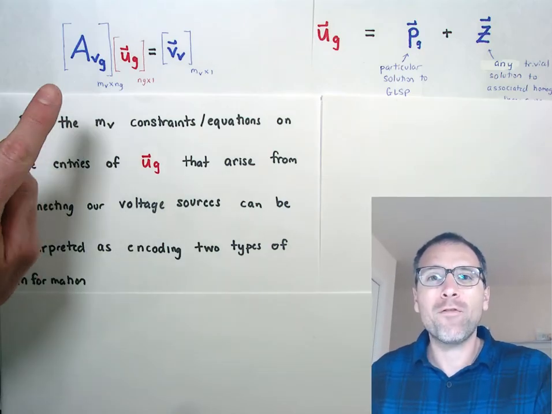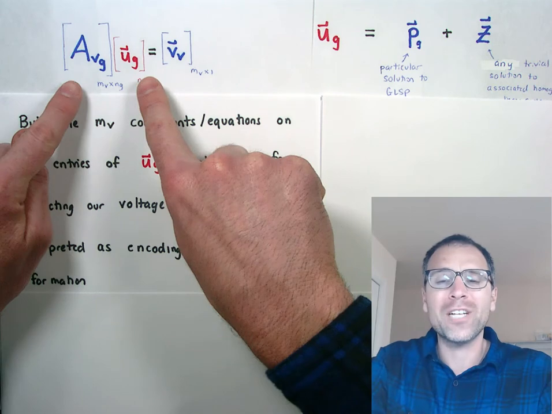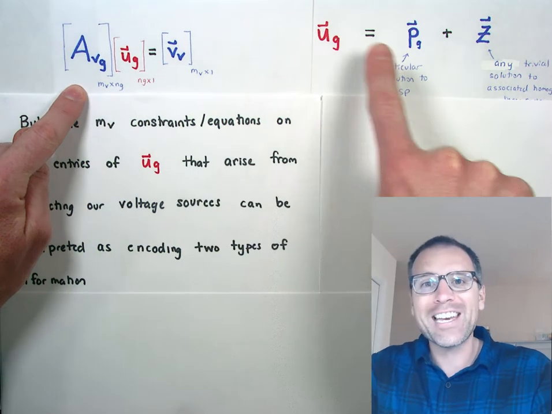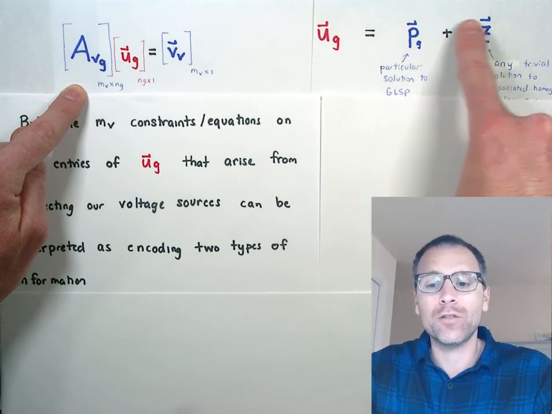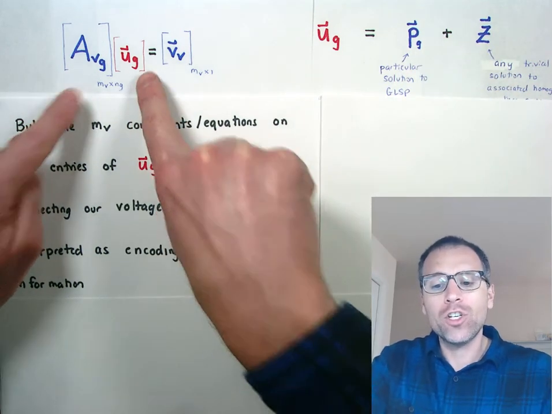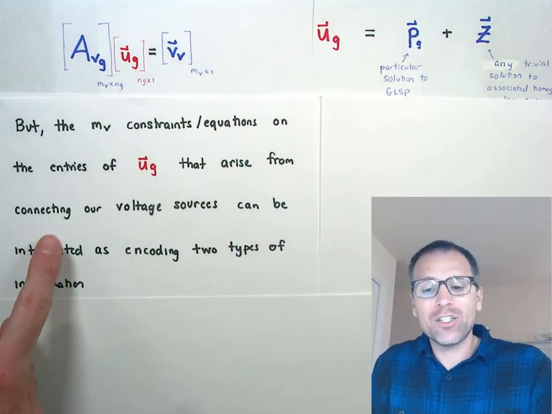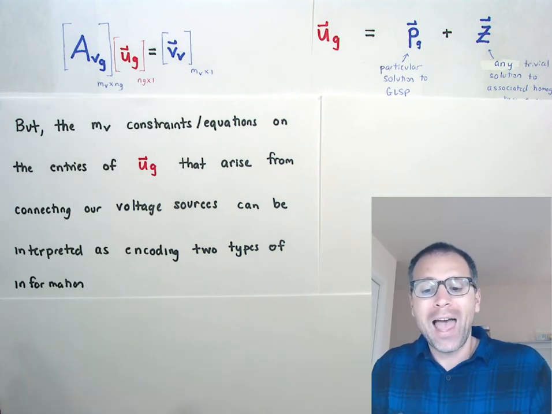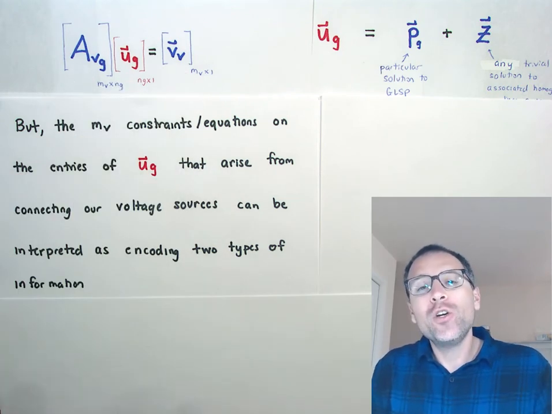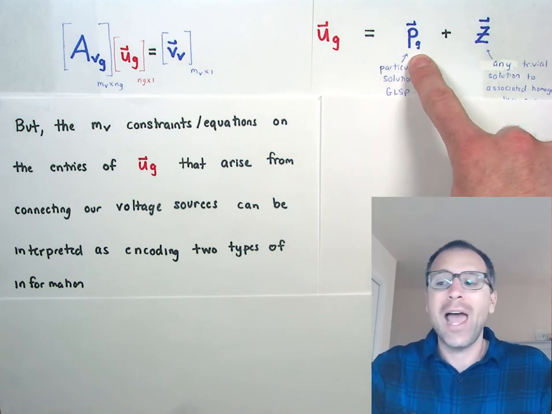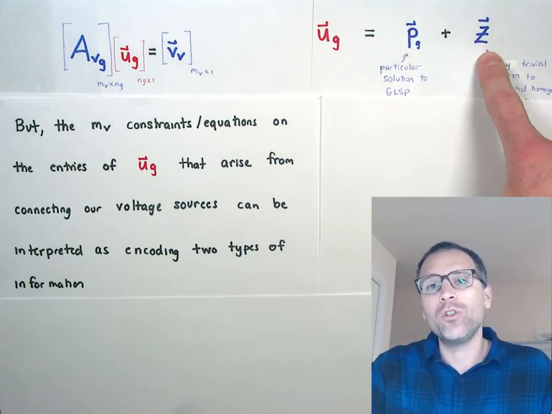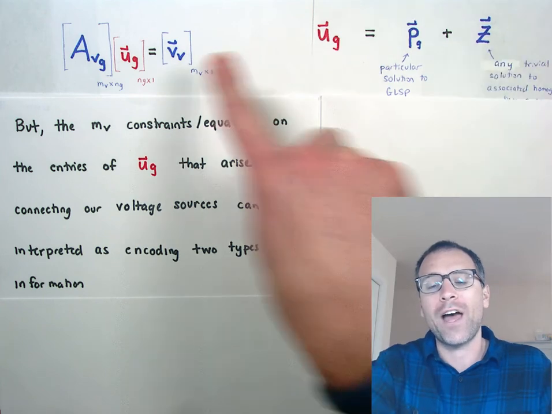But the fact that the voltage source information forms a general linear systems problem, and every general linear systems problem has a template that solutions follow, means that the vector u sub g that arises when trying to solve this problem actually encodes two different types of information. It encodes what we call particular information and then information about the homogeneous linear system associated with that original problem.